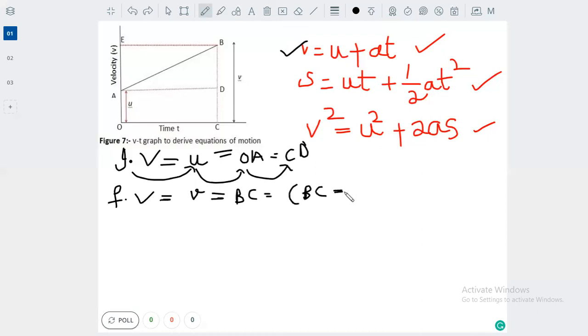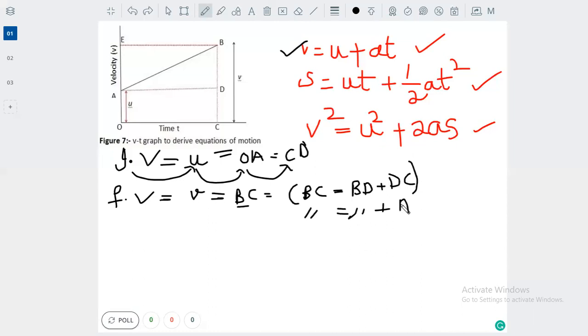Then also it will form the BC only. Remember, this final velocity is v, v is equal to BC, and again BC is equal to BD plus DC.